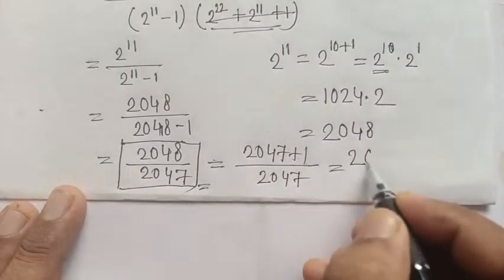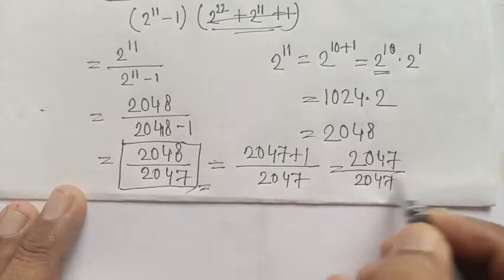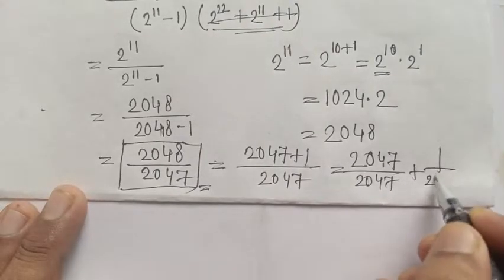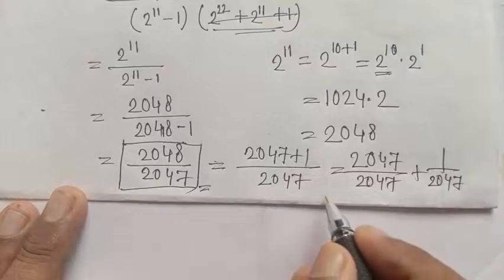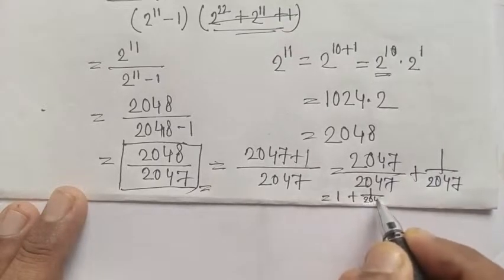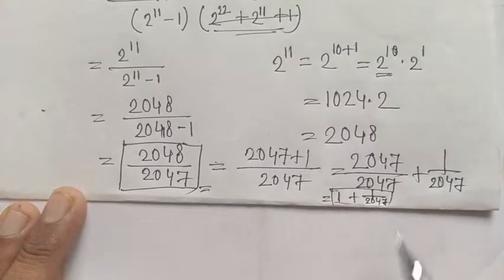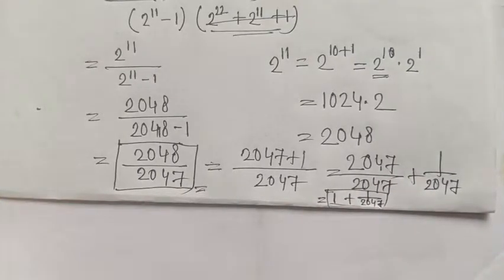If we write 2047 by 2047 plus 1 by 2047, now we can write 1 plus 1 by 2047. So we can express it like this also. So the value of the expression is 1 plus 1 by 2047.